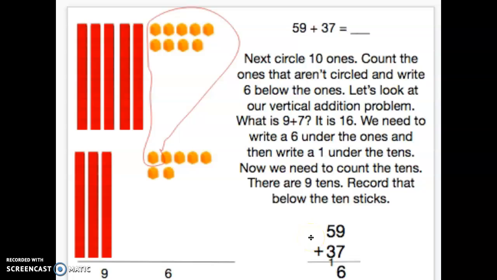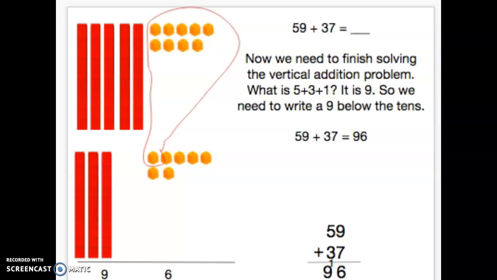Looking at my math problem, 59 plus 37, 9 plus 7 equals 16. So I put the 6 ones that are left underneath 9 plus 7, and then I'm going to move that little 1 right here underneath the 3. That tells me I have 5 tens, 3 tens, plus 1 more group of 10.